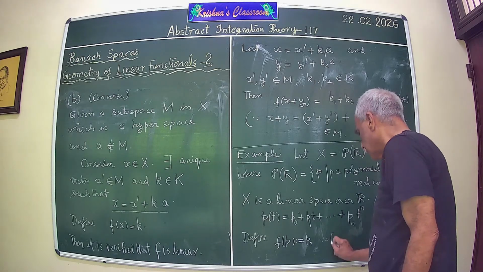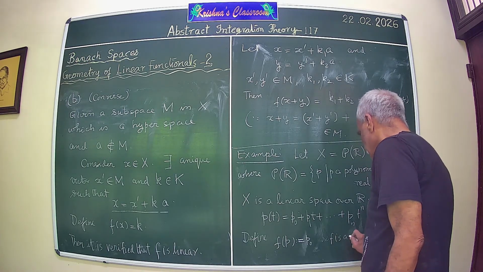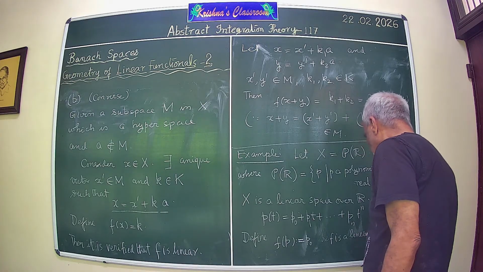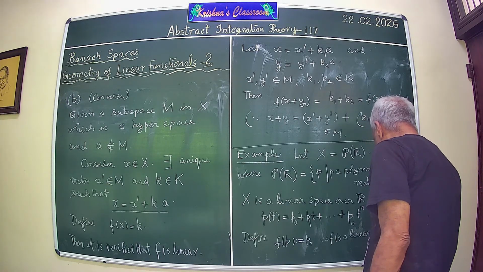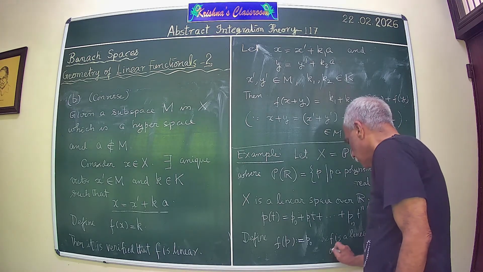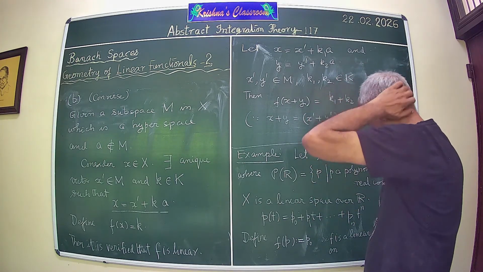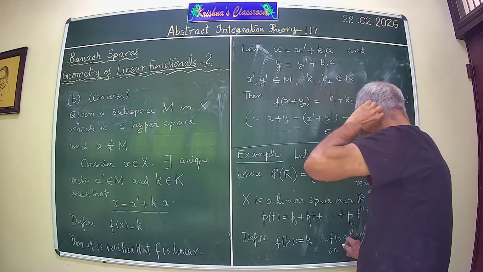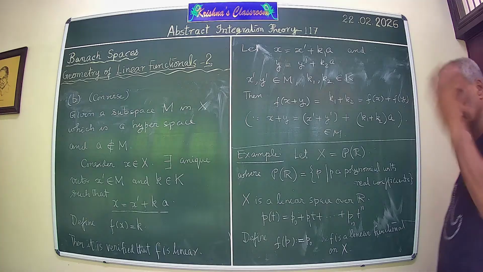Then f is linear if it's a linear function on X.